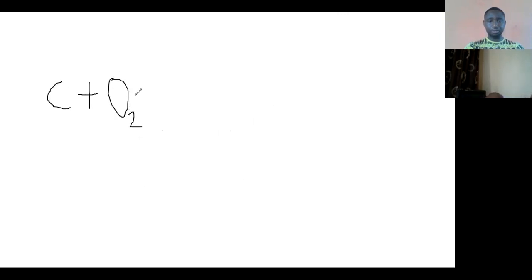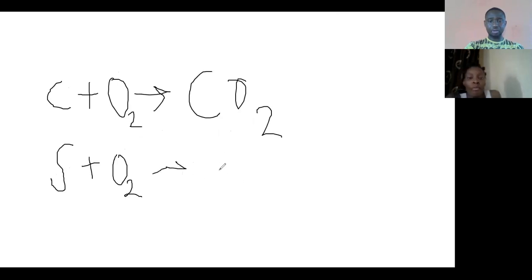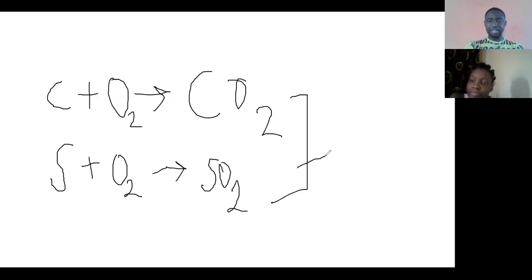Carbon with oxygen gives us CO2. We also have sulfur plus oxygen giving us SO2. Now, these are acidic oxides.